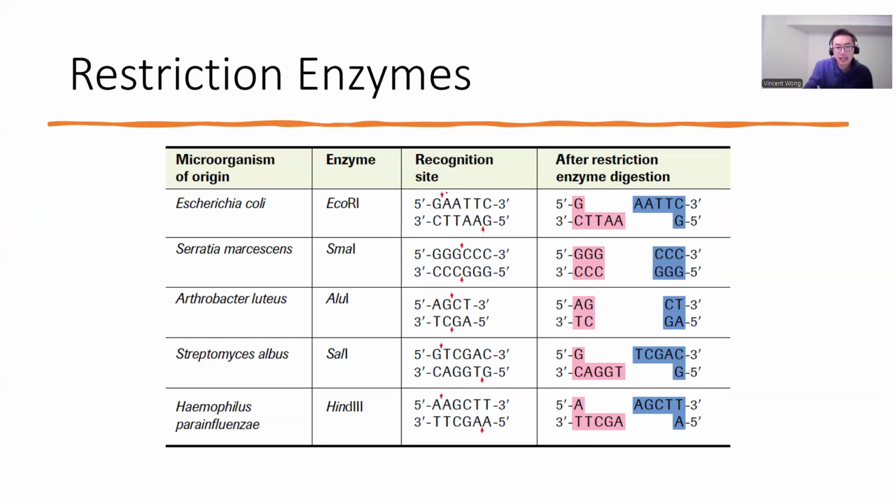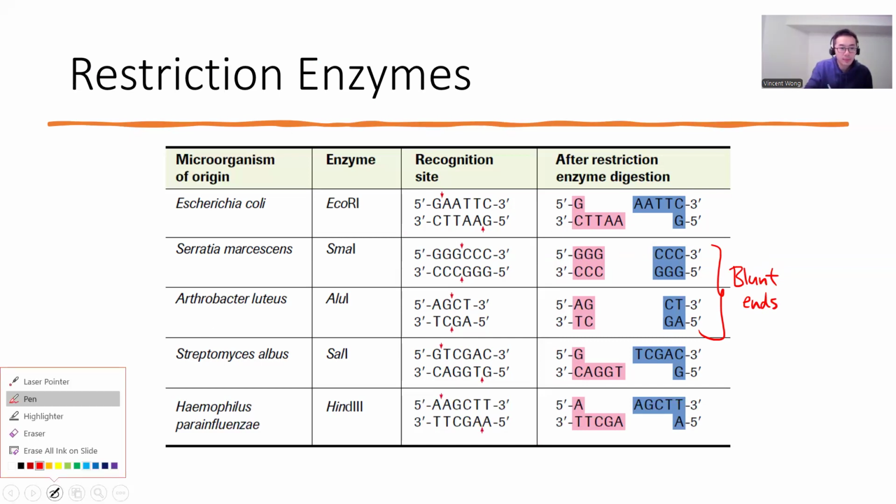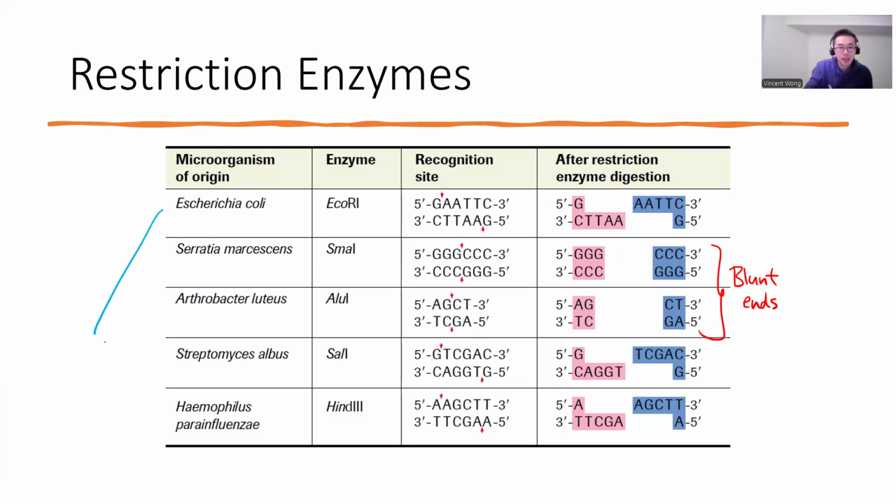They could cut a zigzag like this, or they could cut straight down. Okay, when you cut it straight down, like this, we call these blunt ends. And then over here for the other ones, like this one, and this one, where it is zigzag, we call these sticky ends.